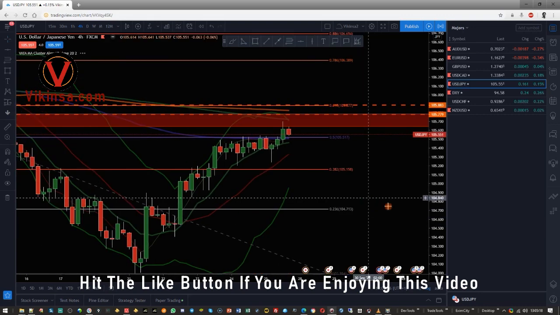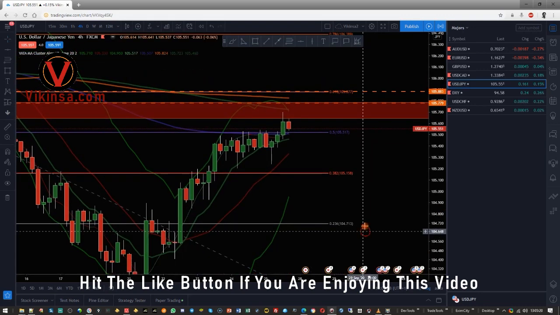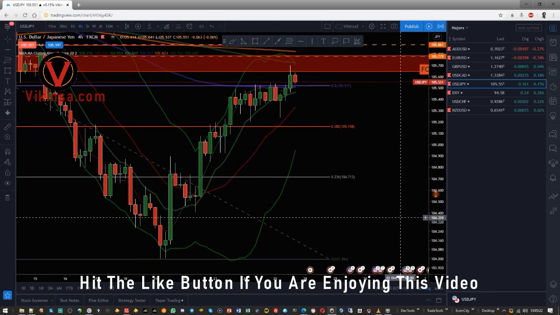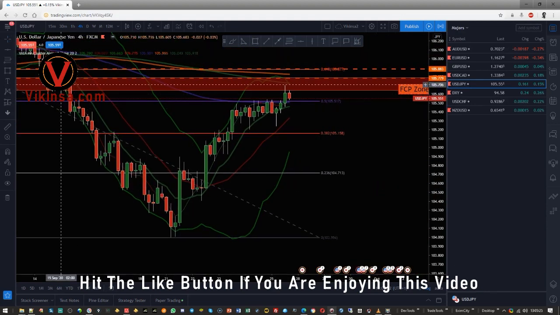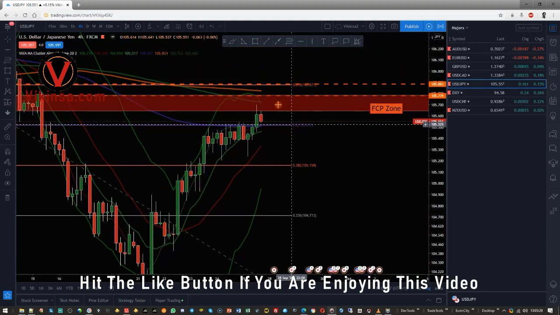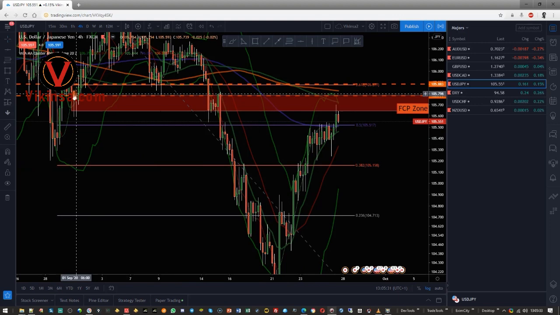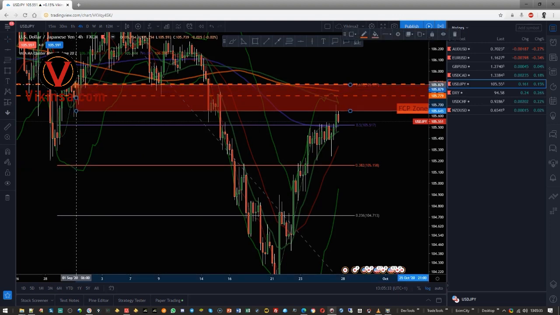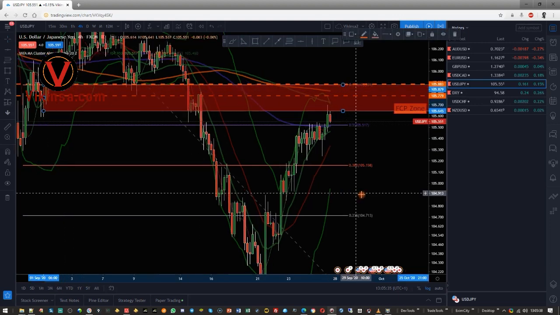If you are a day trader or swing trader, small time frame trader, then that actually makes sense. Another reason is that we have this W pattern, which is an FCP pattern, and you see that the 200 moving average is right there. So in fact our zone is a little bit bigger now. So this is how it is.